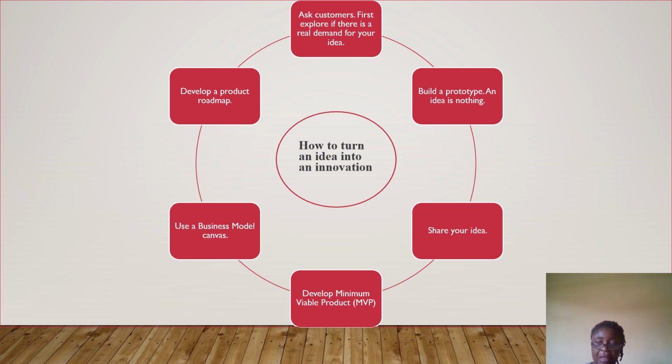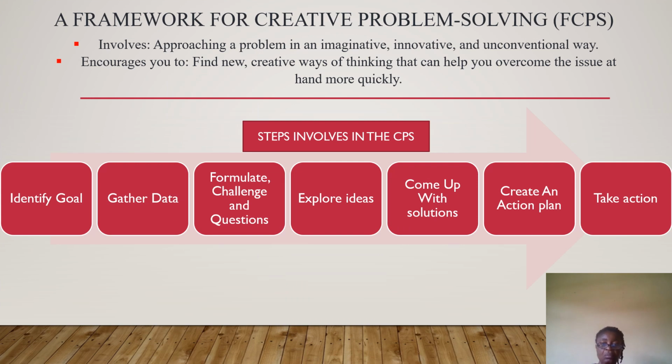Then, having seen this, let's quickly look at the steps involved in problem solving. That's a framework for creative problem solving. This involves approaching a problem in an imaginative, innovative, and unconventional way.